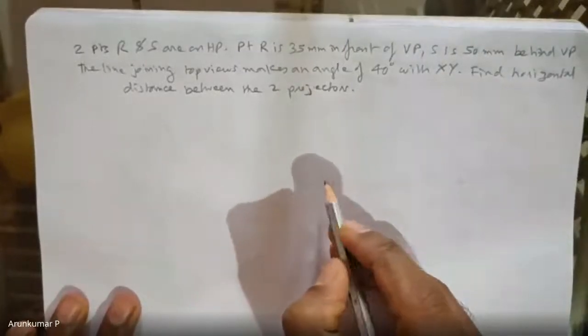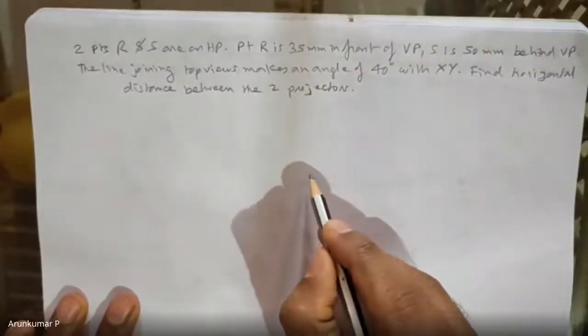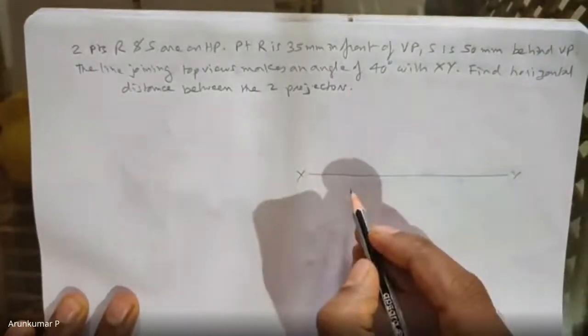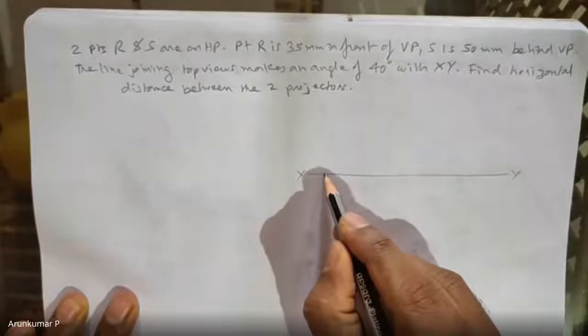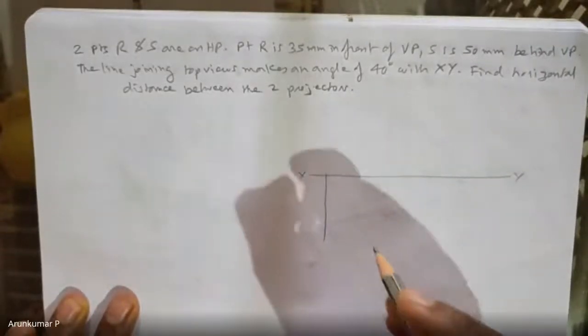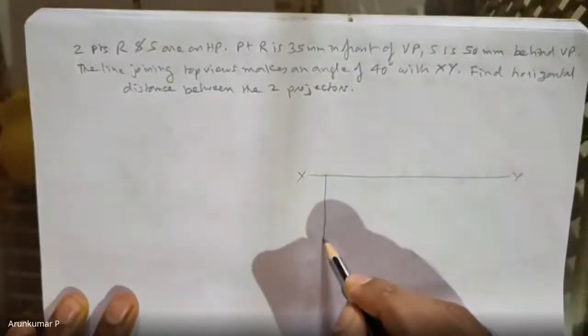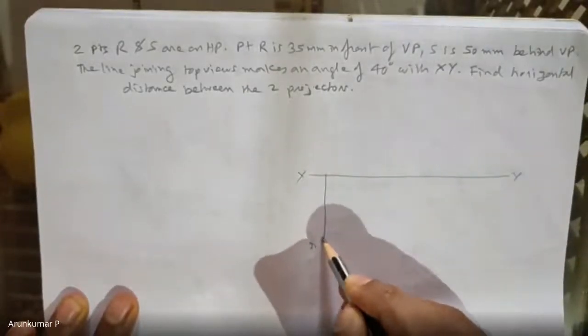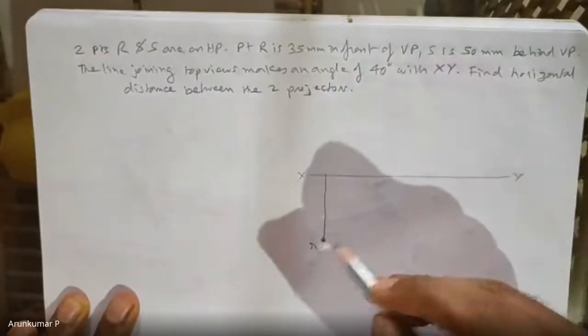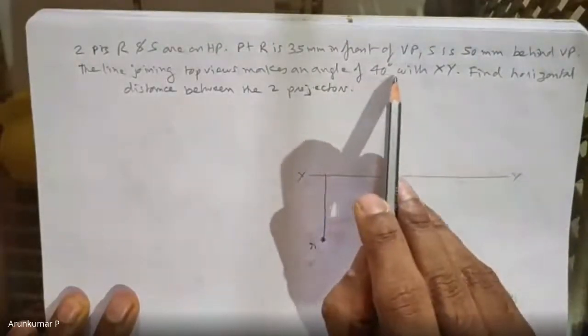Well, I'll show you roughly. Your XY line. So you will have one projector like this. Let us assume that this is R, the top view of R. And you are to draw a 40-degree line.